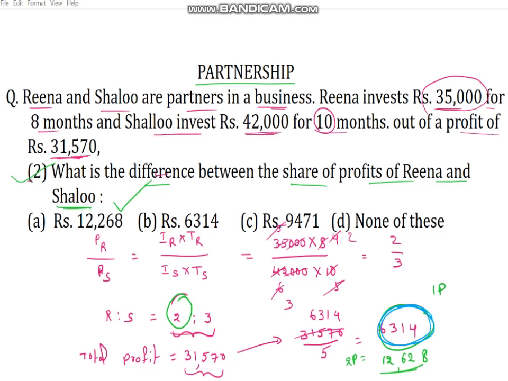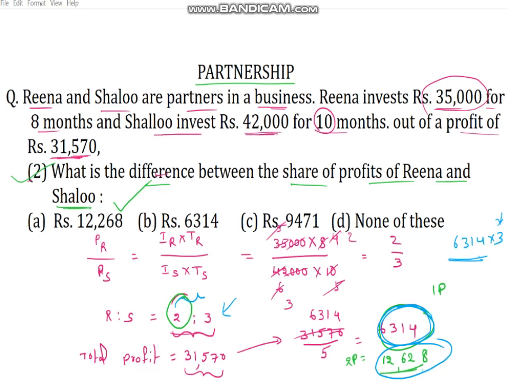So, this is Reena's share. Here we don't need to find Shalu's share again, that is 6,314 into 3 parts belonging to Shalu. From this answer, we have to subtract this, then we will get the difference. But no need to do all these calculations again.